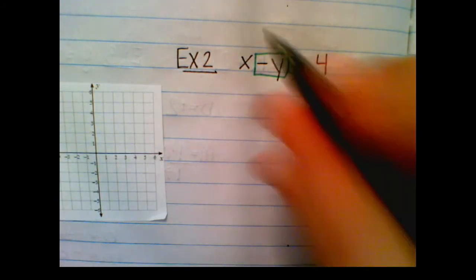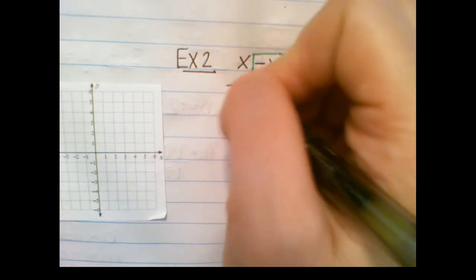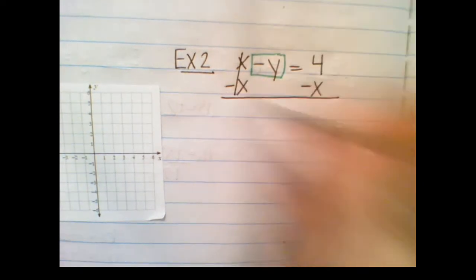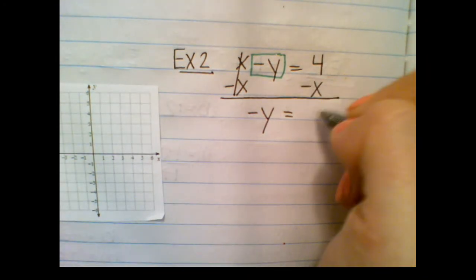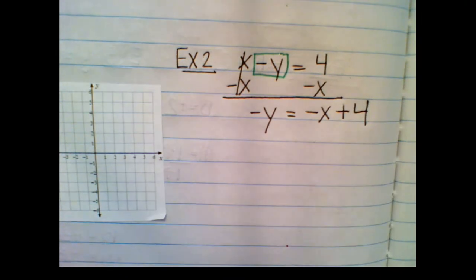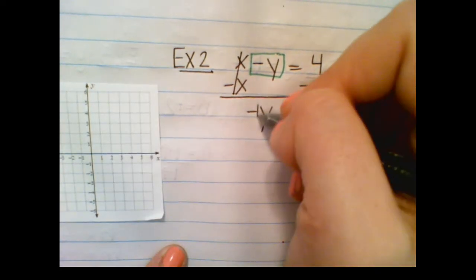That means I need to get rid of x. X is positive right now, so that means I need to subtract x from both sides. So now I have a negative y equals, write the x first, negative x, and this is still a positive 4. But the y isn't by itself yet, and technically there's an imaginary 1.